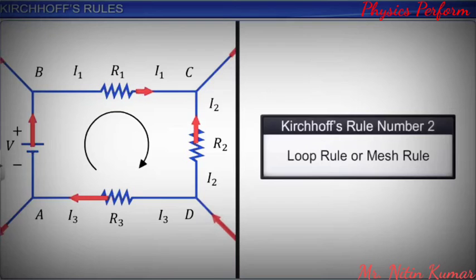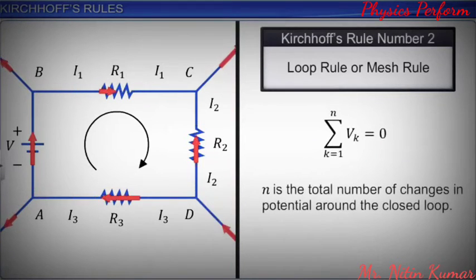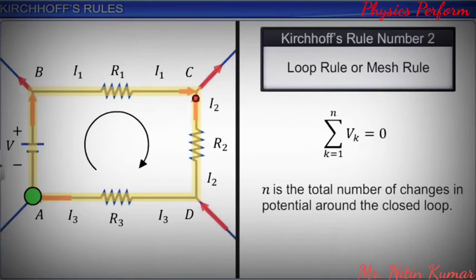Rule number 2. Kirchhoff's second rule is also known as Kirchhoff's loop or mesh rule. The algebraic sum of changes in potential around any closed loop involving resistors and cells in the loop is 0. The electric potential at any point in a closed loop depends only on the location of the point in the loop.